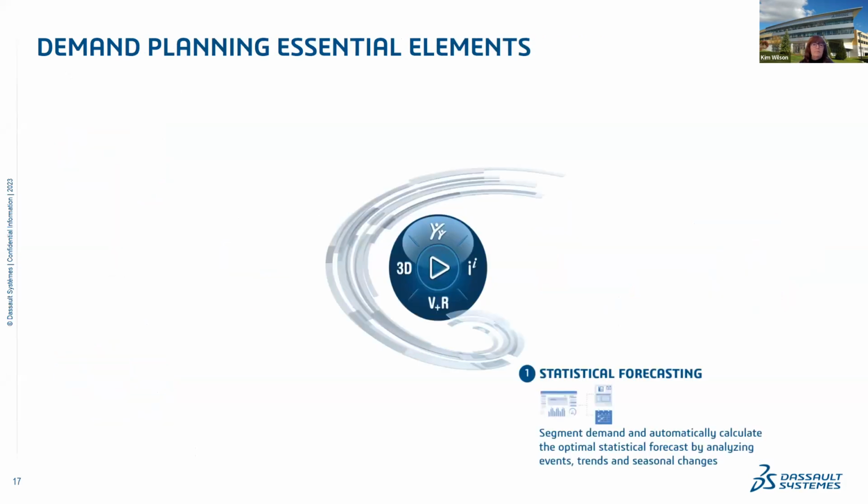So let's start with demand planning. There's a number of elements that go into this, but initially you should start with statistical forecasting, particularly if you've got higher volumes where the portfolio is bigger and you're moving at a quicker pace. Here you segment demand and automatically calculate the optimal statistical forecast by analyzing the information that happens, maybe in a regular occurrence, like specific events or trends and seasonal changes.